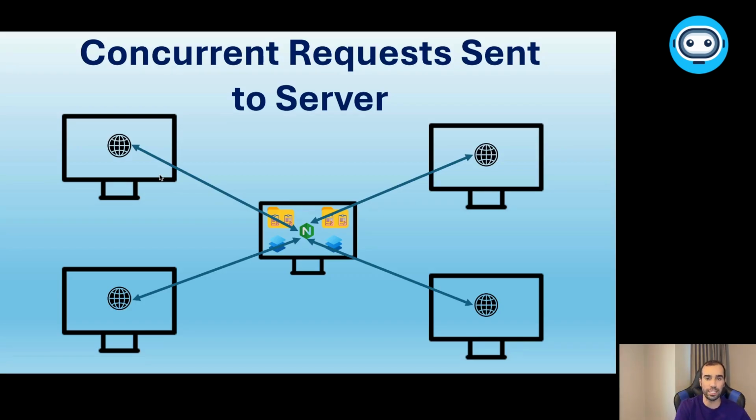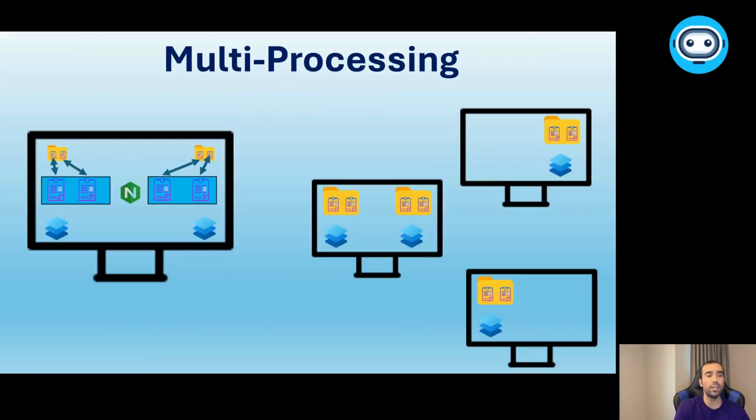Thousands of users sending simultaneous requests. I have to wait for other requests to be processed until it's my turn. So do we have any better options? Yes, absolutely we do. We have options where we can handle some requests simultaneously and concurrently.